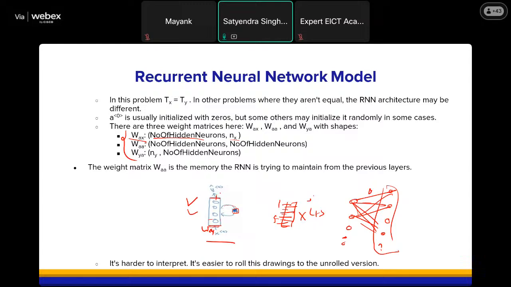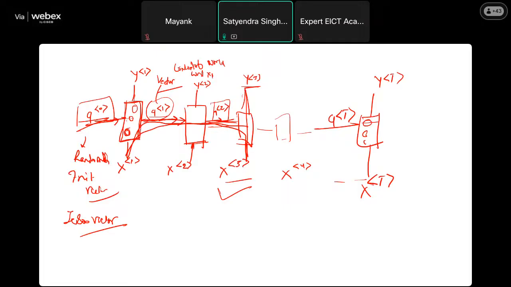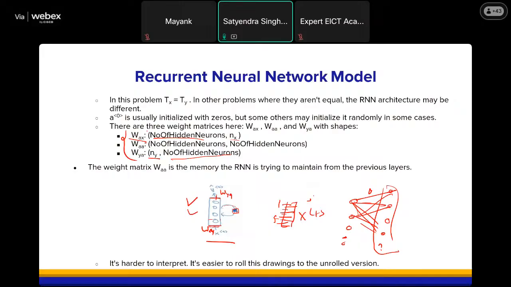There is one, WYA, involved, whose size is the number of nodes in the output by the number of hidden neurons, and there is WAA involved when you calculate the hidden context vector from the RNN unit. So these three weight matrices are involved, and obviously the weight matrices are learned during the training time.